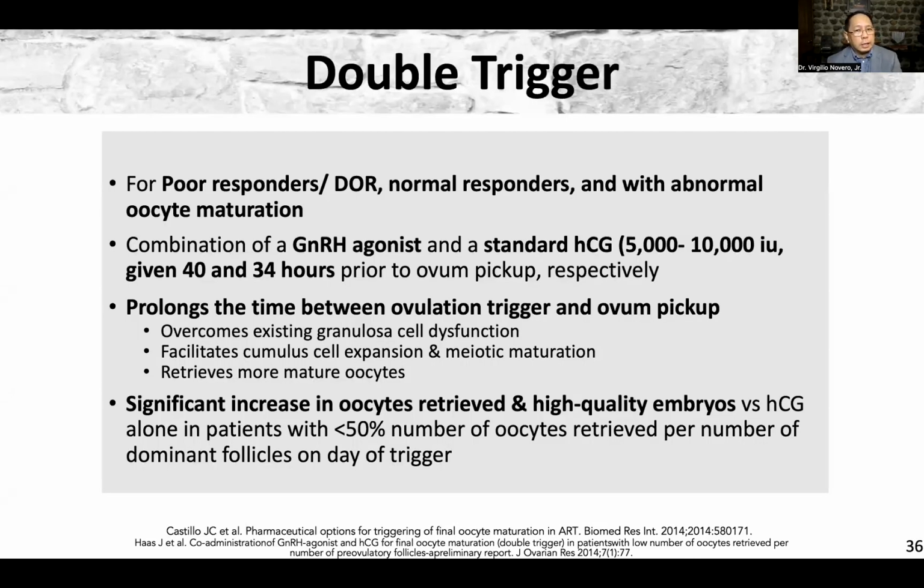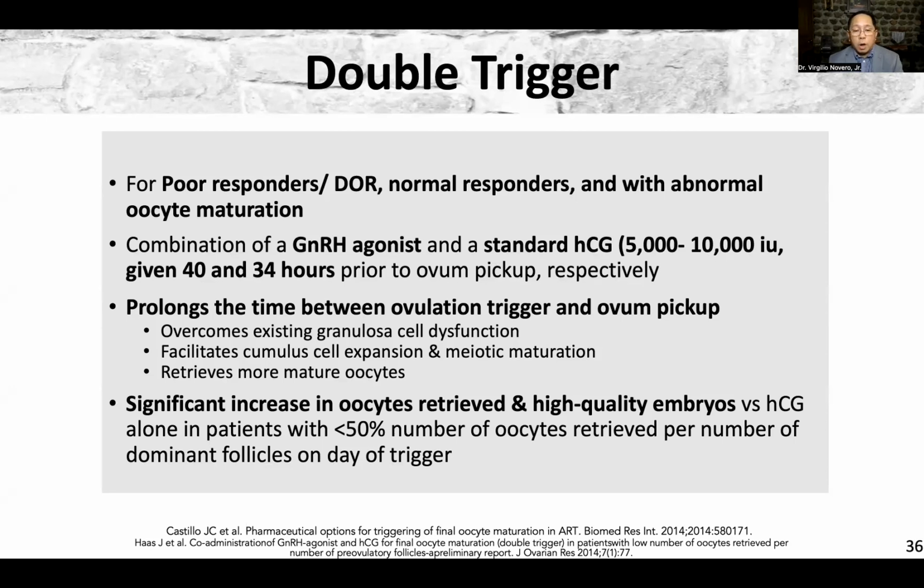There's another technique, the double trigger, which is intended for your poor responders or decreased ovarian reserve, your normal responders, and those with abnormal oocyte maturation. The combination is described as GnRH agonist with a standard HCG, this time at 5,000 to 10,000 international units, initially suggested at 40 hours and 34 hours from ovum pickup, respectively.